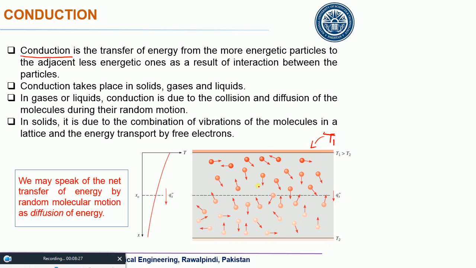can you see that? These high energy molecules will collide with those low energy molecules and transfer heat through that collision. If you remember from your chemistry or elementary physics course, you might have heard about the kinetic theory of gases, and there you might have seen that temperature is a measure of what?